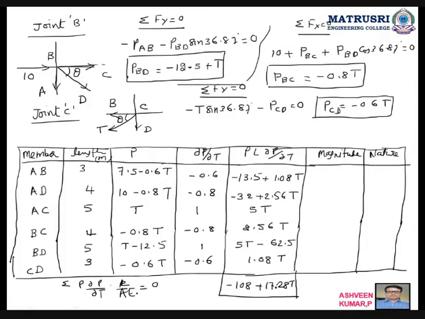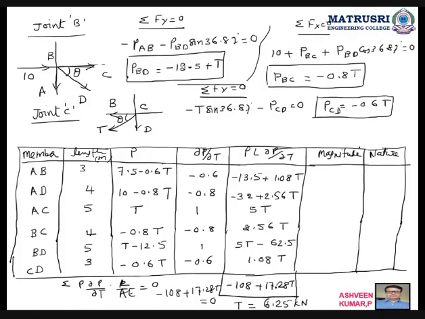AE is constant, no? So the sum is minus 108 plus 17.28 T is equal to 0. We will get the value of T. So I got 6.25 kilonewton.